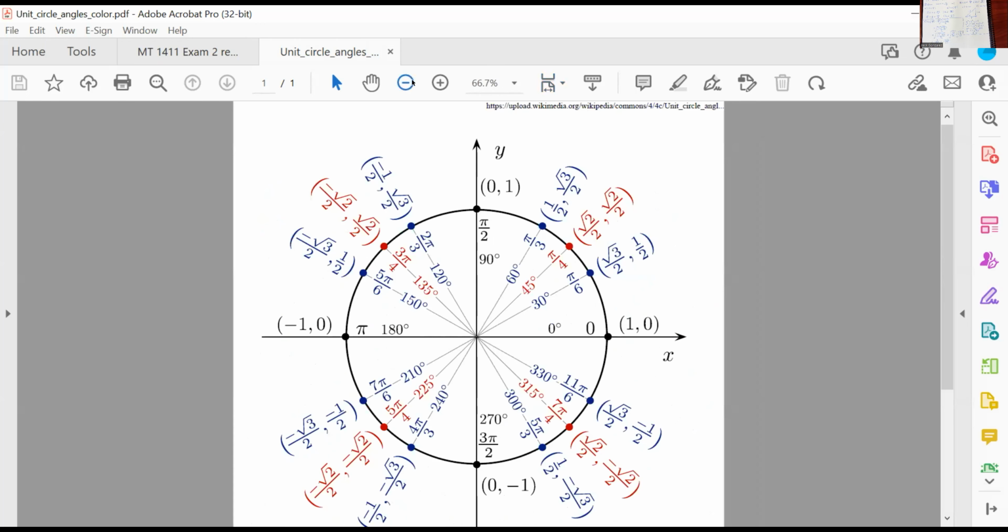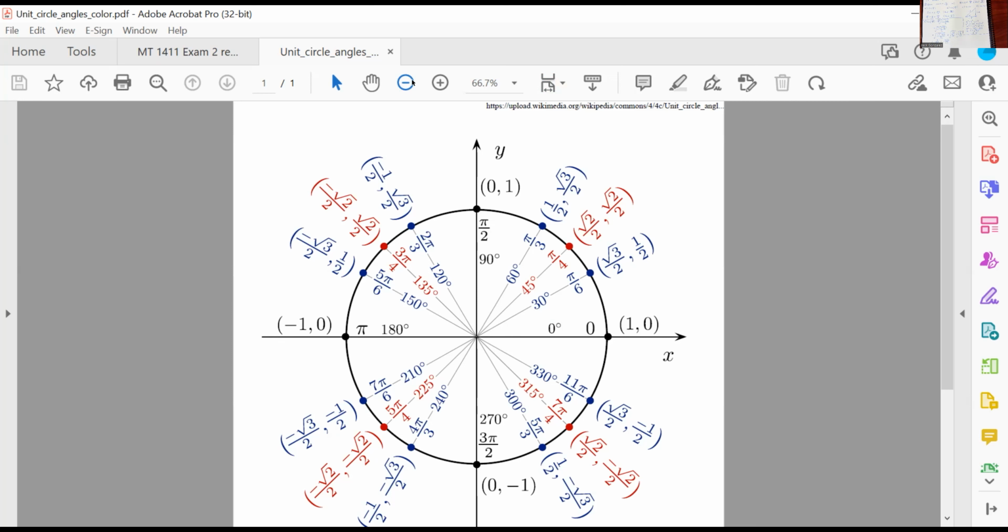So just like this, if I go below 0 on the x, obviously x is negative. If I go below 0 on the y, y is negative. Sine is the y value over 1, cosine is the x value over 1. Cosine is negative in this section, sine positive.